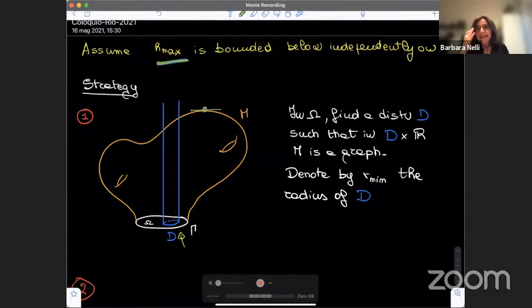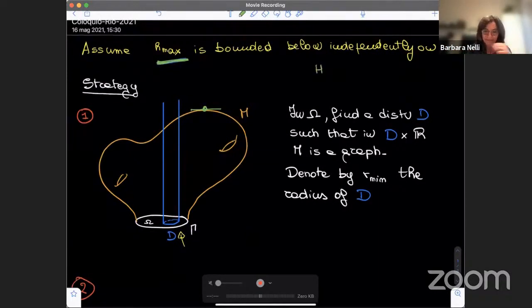In the case it's not bounded below, the proof is easier because it's a small surface, so you can manage in an easier way. I will not present that. I will talk about large surfaces. So H max is bounded below, independently of M, which means that it depends only on H, on the curvature.